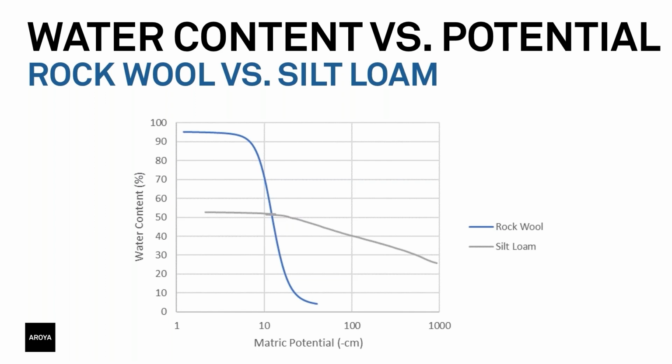One is that the saturation water content of the rock wool is much higher, around 95%. So the solids in the rock wool take up only about 5% of the total volume, compared to 48% for the silt loam. The other thing to notice is that the rock wool releases its moisture much more easily than the soil does.